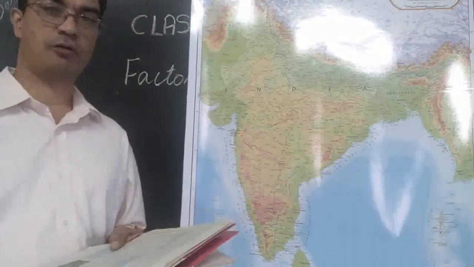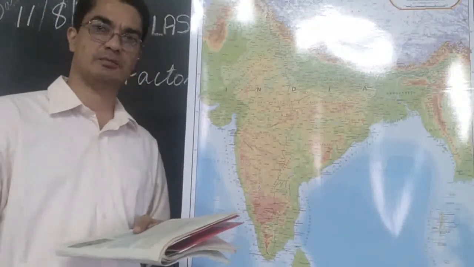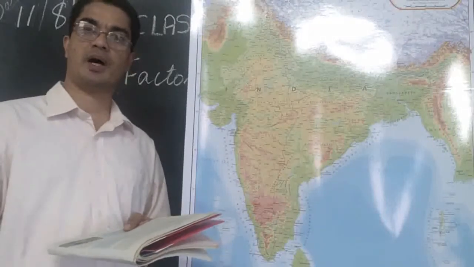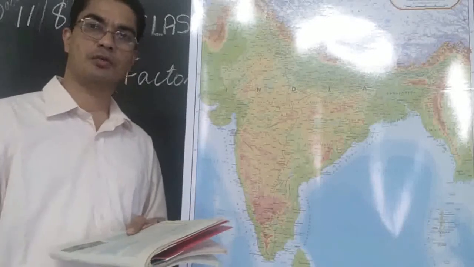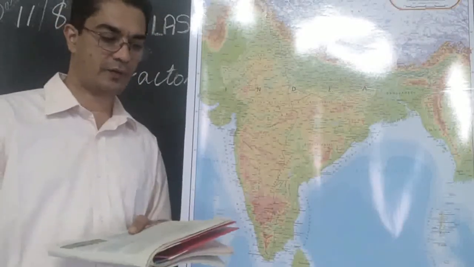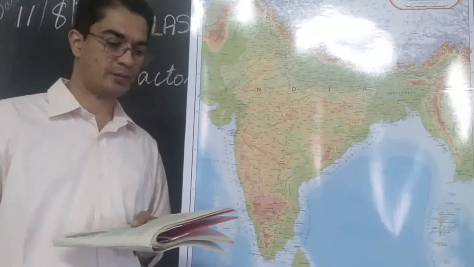So it is an apparent force caused by Earth's rotation. So remember, Coriolis Force is caused by the apparent rotation of the Earth. The Coriolis Force is responsible for deflecting winds towards the right in the northern hemisphere.